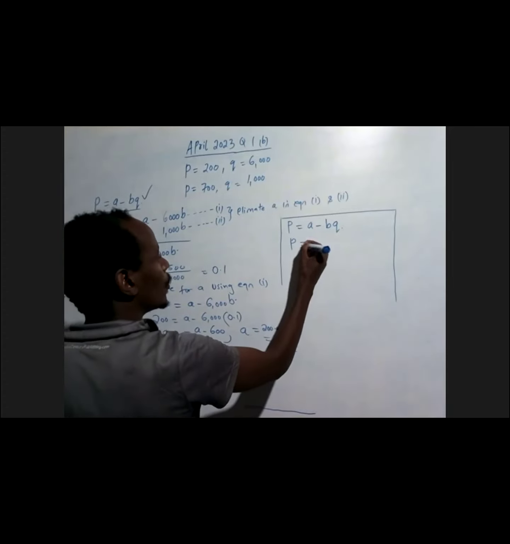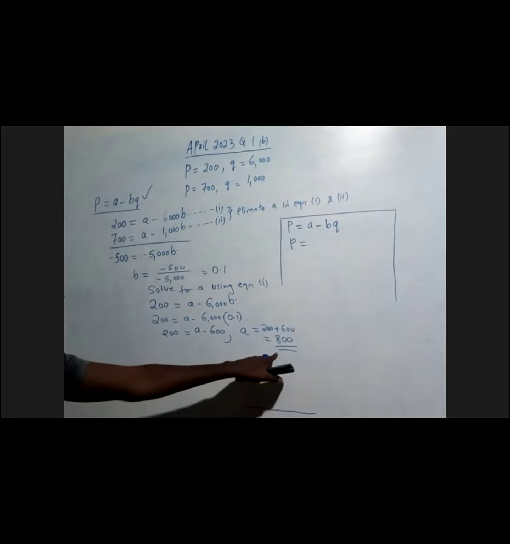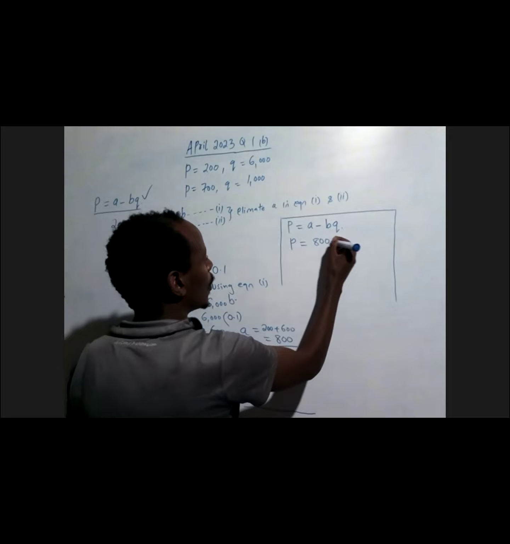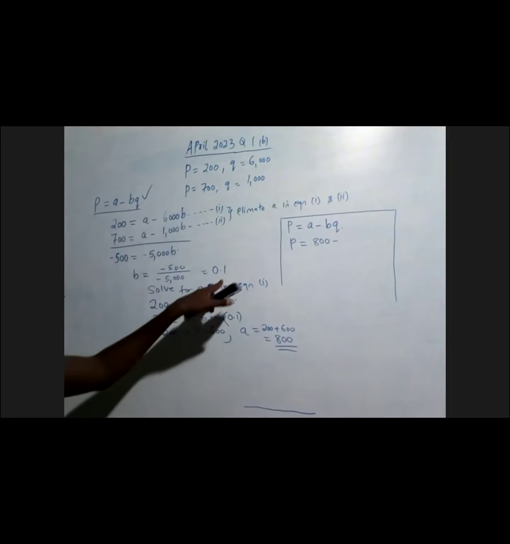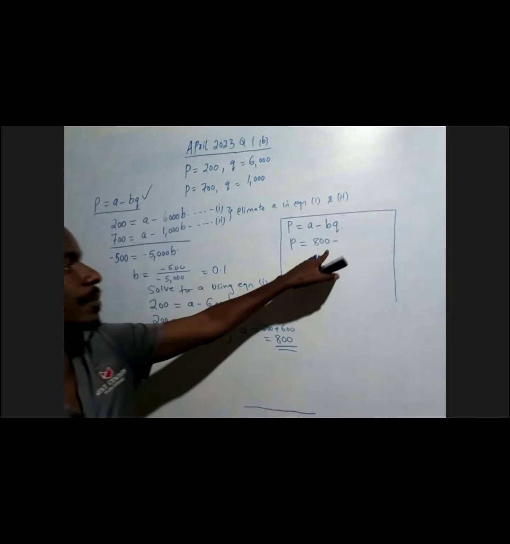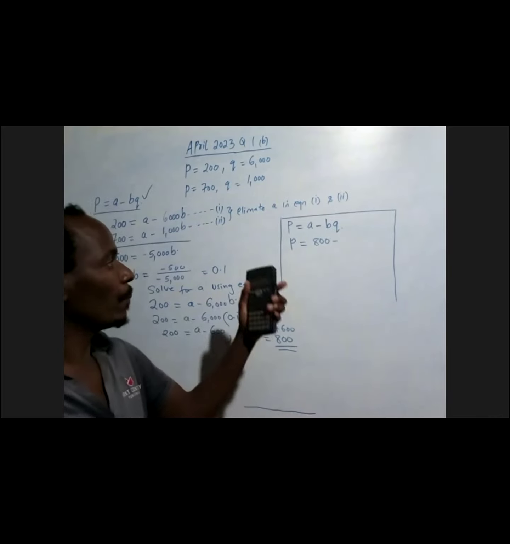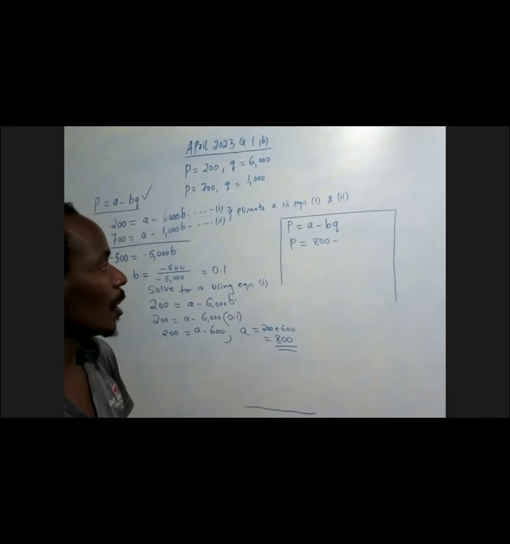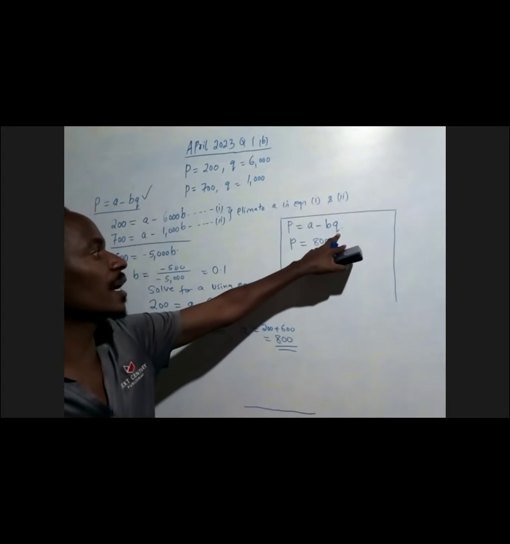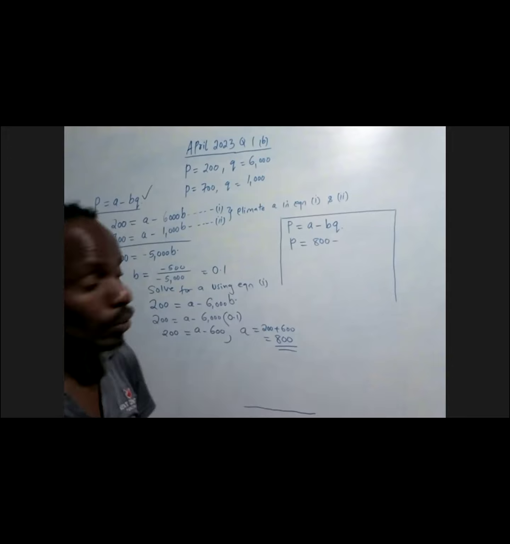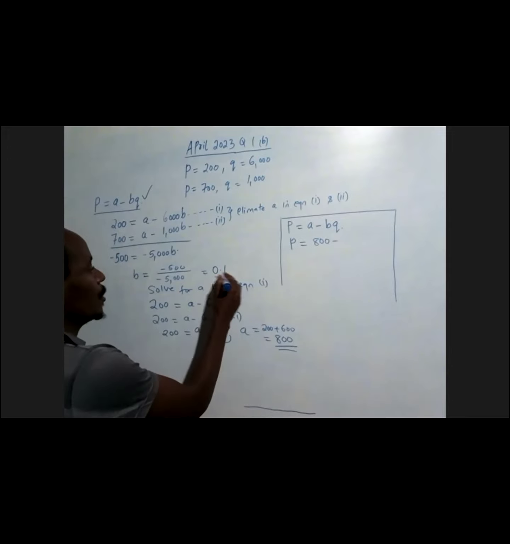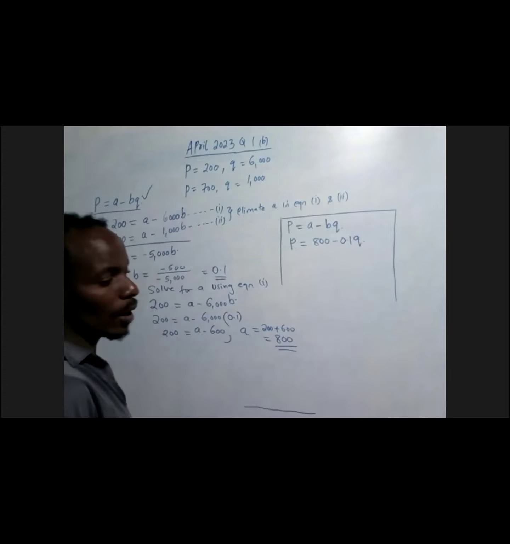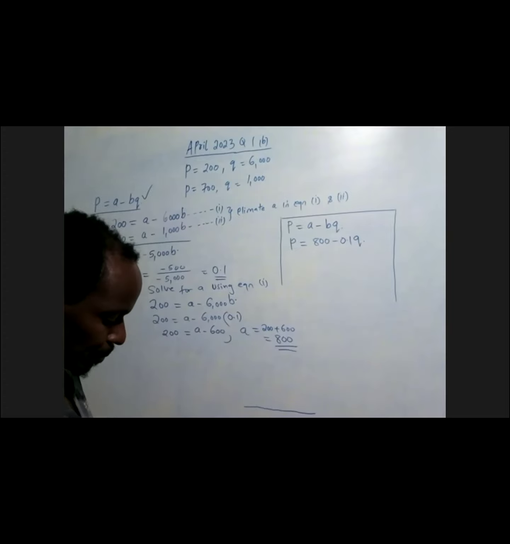P will be equal to 800, with our B as 0.1. Remember, it must be minus because the price, which is demand, has an inverse relation to Q. Therefore P has a negative relation to Q. So P equals 800 minus 0.1Q becomes our demand function.